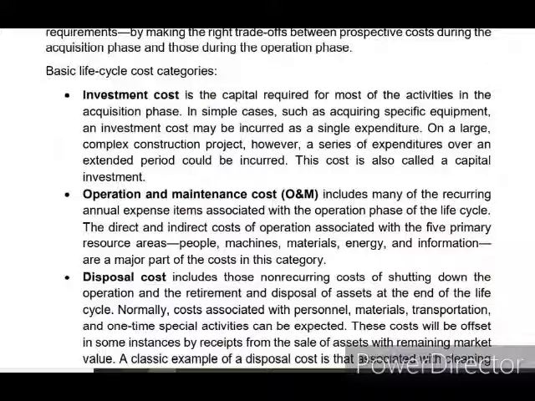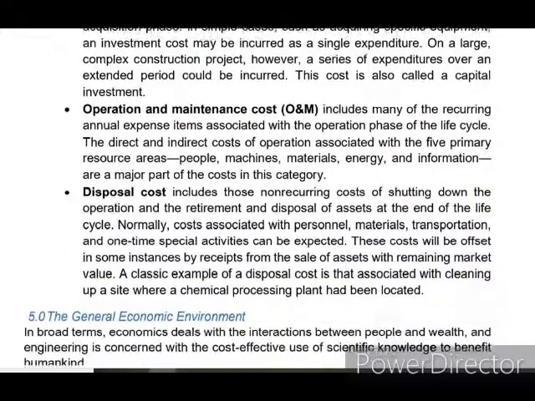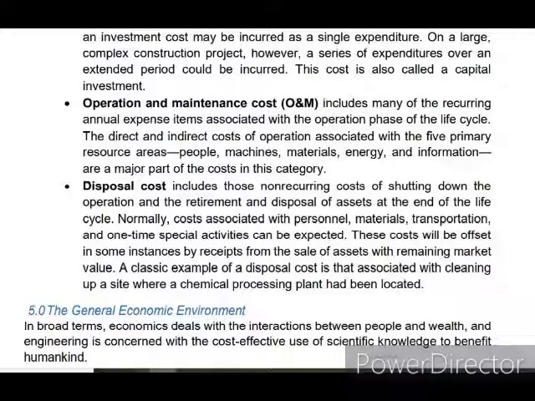Okay, so next, operation and maintenance cost, or O&M, includes many of the recurring annual expense items associated with the operation phase of the life cycle. So this is included in the life cycle cost. Why? Because all throughout the operation, maintenance is present.